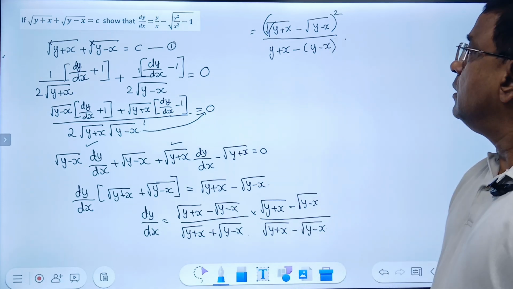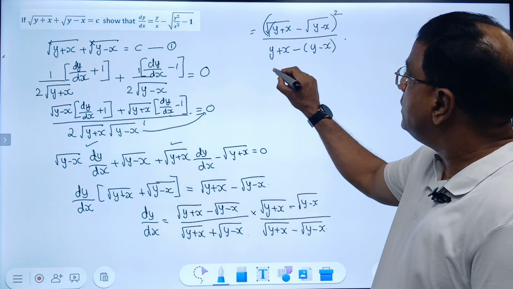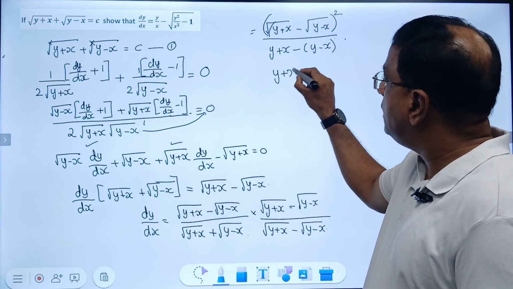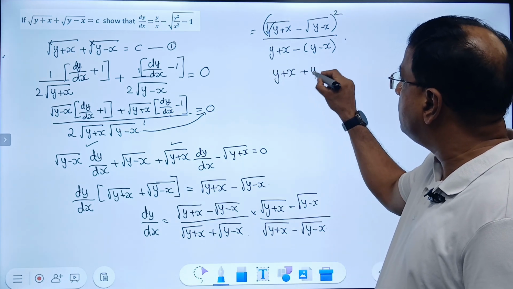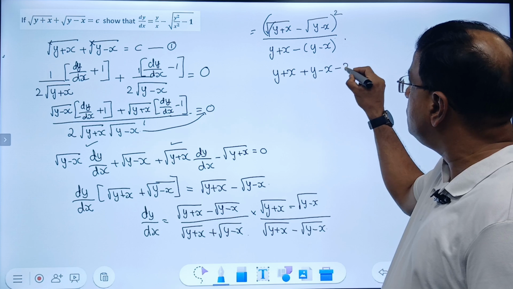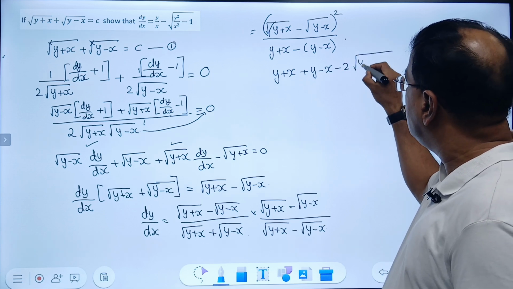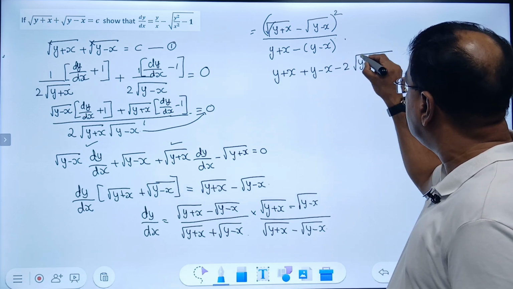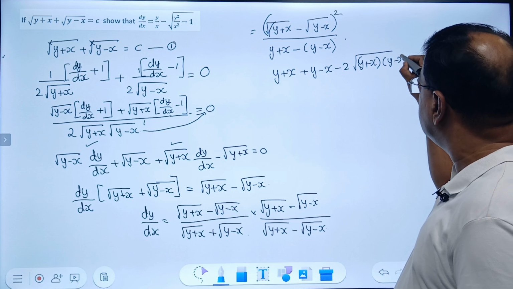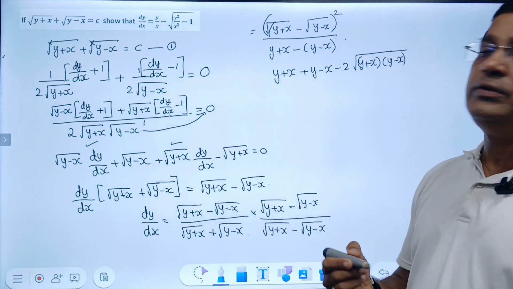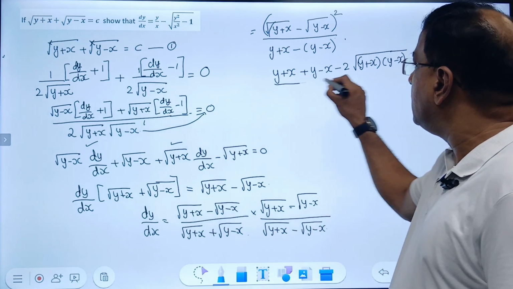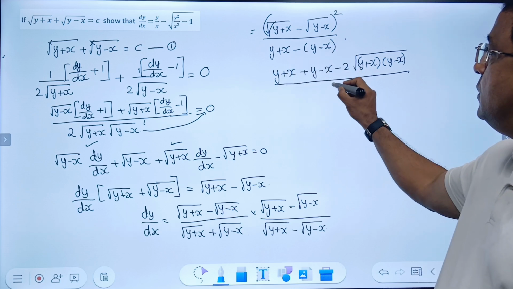Okay. Now what is a minus b whole square? A square plus b square minus 2ab. It is y plus x into y minus x. I put it in single root. Divided by, if you simplify this, you will get only 2x.